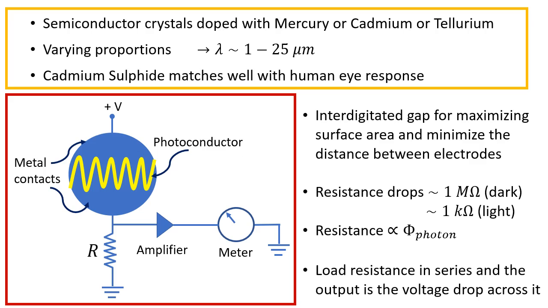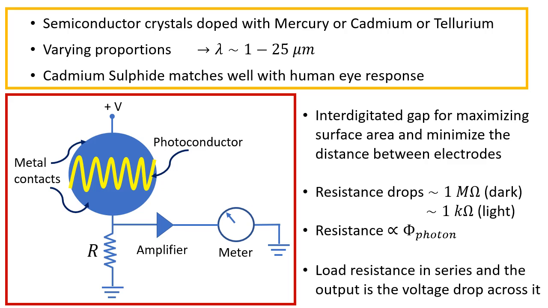And what you have is semiconductor crystals which have been doped with mercury, cadmium, tellurium, and so on. And by doping these dopants in various proportions, one can actually modulate the cutoff wavelength that these detectors can operate on.